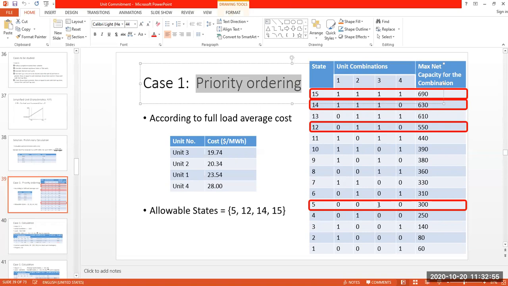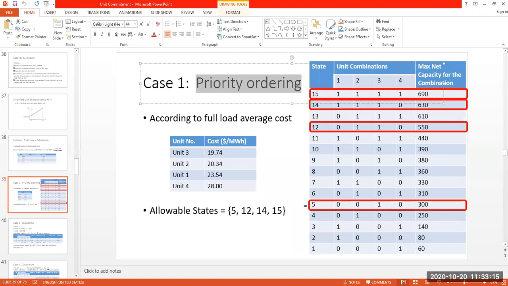So whenever unit 1 is turned on first alone, that should be your first allowable state. So you can't choose unit 4, you can't choose unit 3, you can't choose any others, because it is a priority list. What is the next choice? What is the next unit in the priority list? 2.